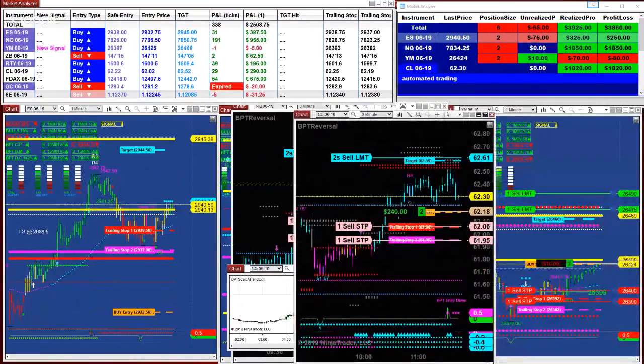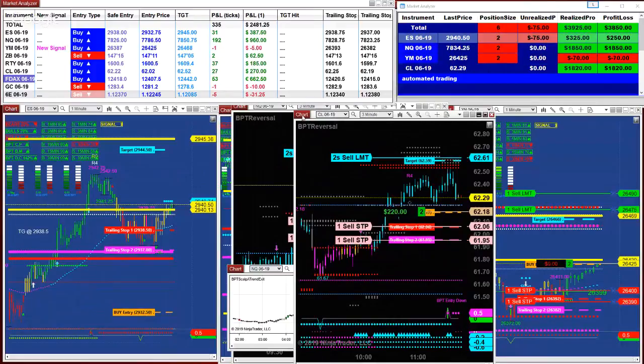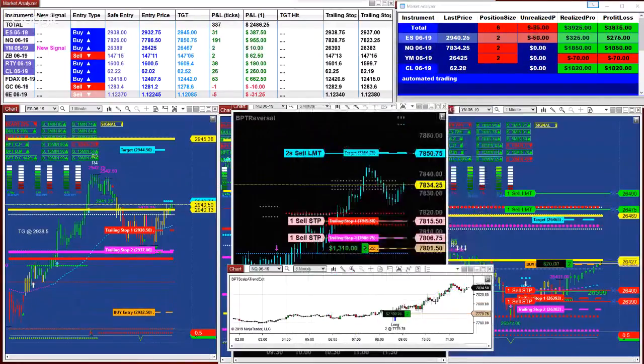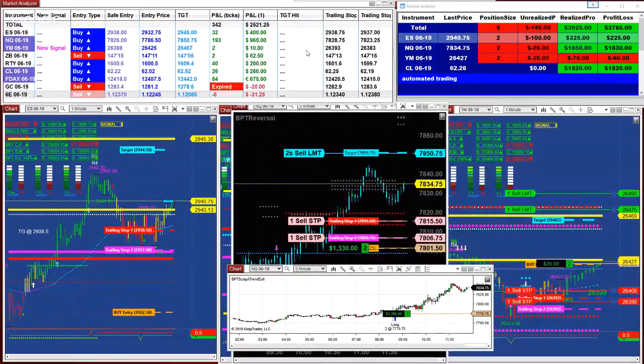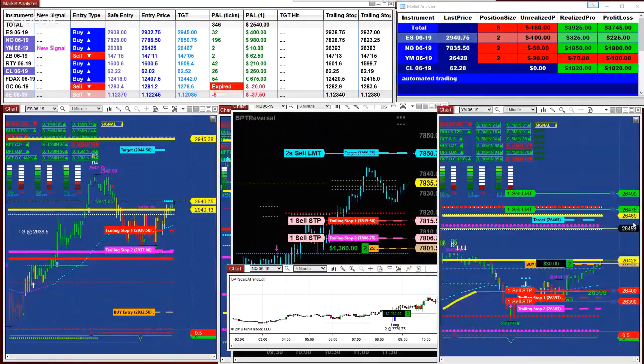Okay, we have a new signal. As you see, new signal, buy signal, 42.5, target 64.68. Once we break the projection on the ES, this YM is going to fly.